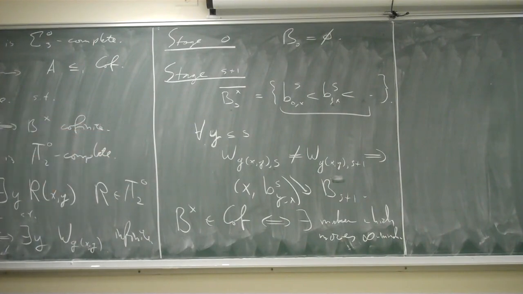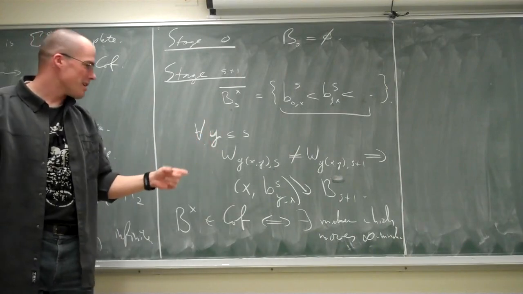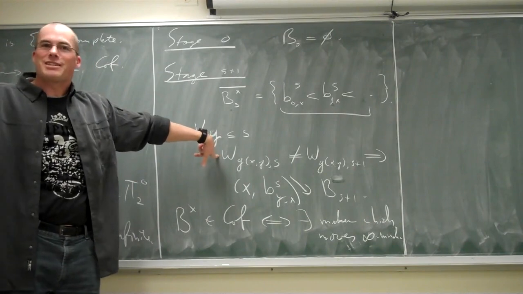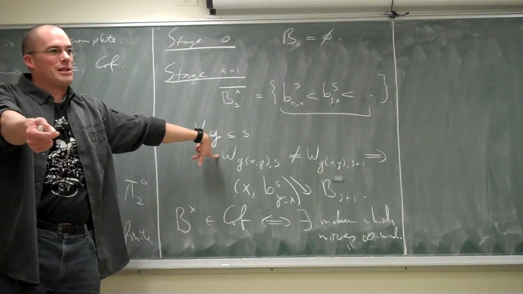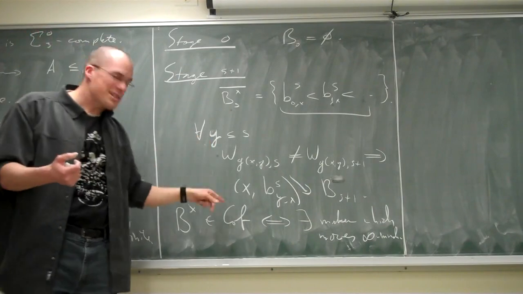And what do we have to work with? Well, if x is in A, then there exists a y such that W_g(x,y) is infinite. If it's infinite, then at infinitely many stages a new element gets enumerated into this W_g(x,y). And what is our construction?